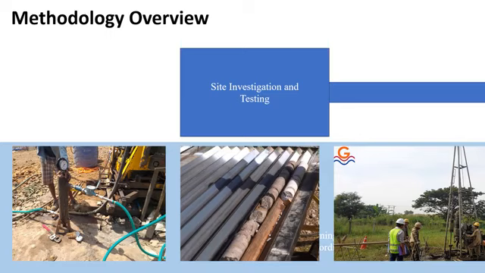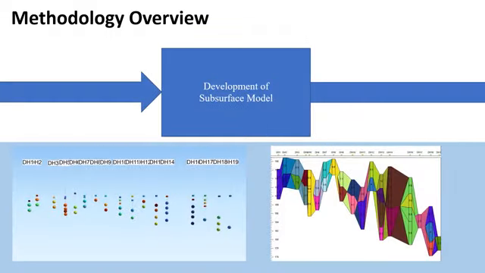Now, I'll briefly outline our project methodology, which is structured into 4 main parts. First, we gathered comprehensive site investigation data and crucial data on soil and rock conditions. Next, we developed a detailed subsurface model by integrating and visualizing this field data to identify weak zones needed to be treated.